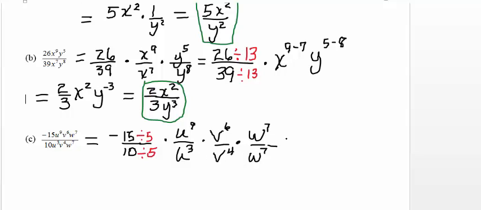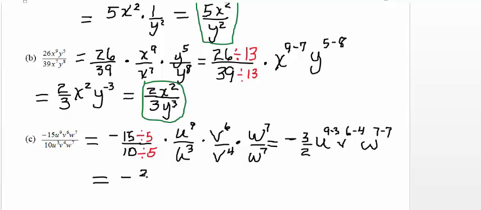So this is equal to negative 3 over 2 times u to the 9 minus 3, v to the 6 minus 4, w to the 7 minus 7. So this is negative 3 u to the 6 v squared w to the 0 over 2.